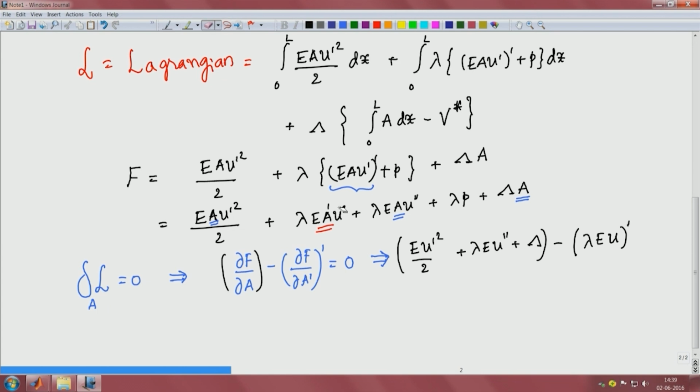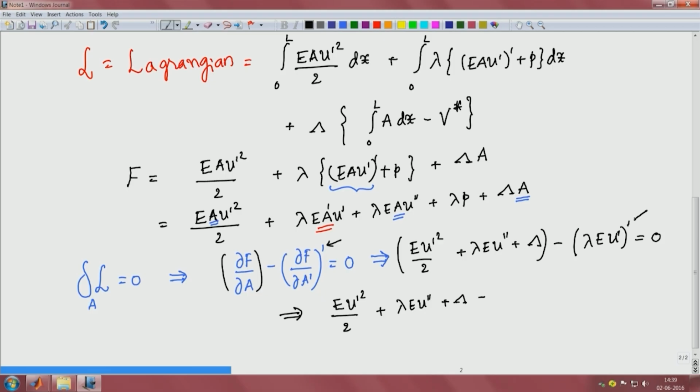So, actually let me rewrite that, that is lambda E u prime, and then whole prime, because of what we have over here, that should be equal to 0. Let us expand this. Let us write E u prime square by 2 plus lambda E u double prime plus capital lambda minus.